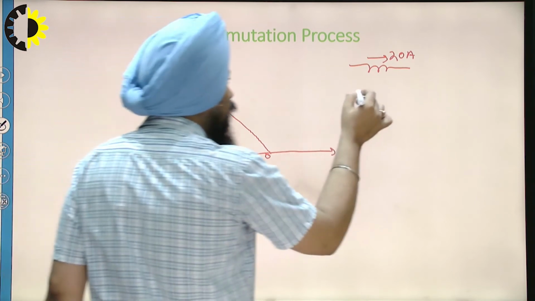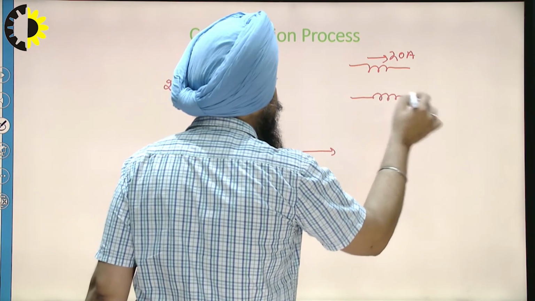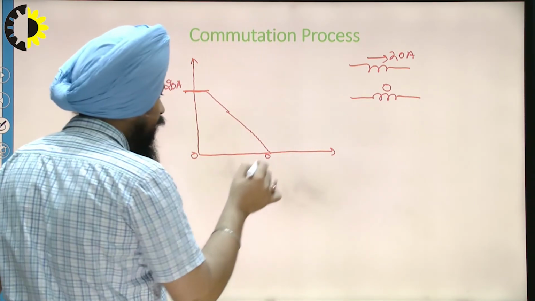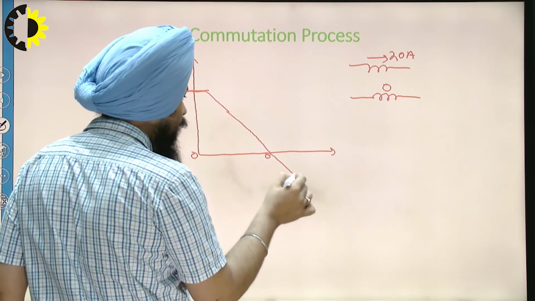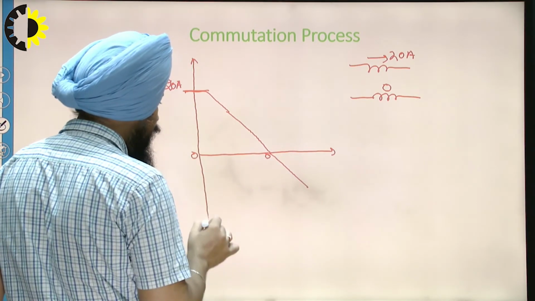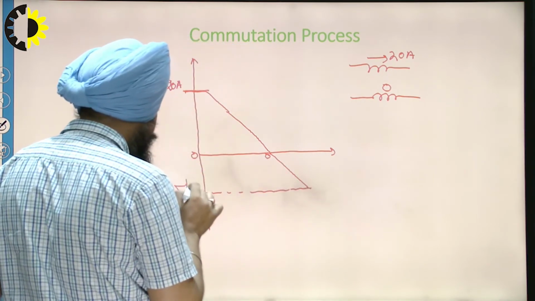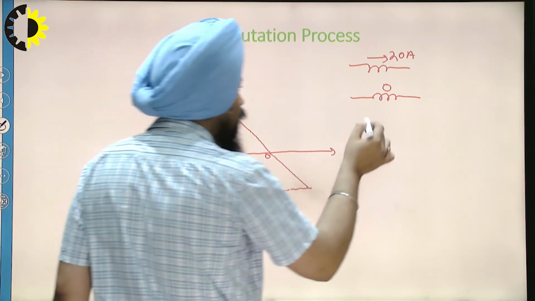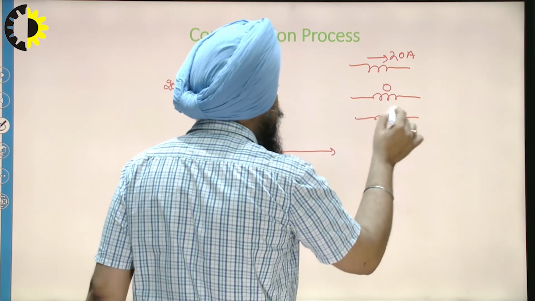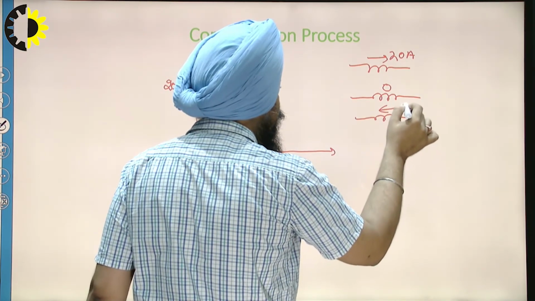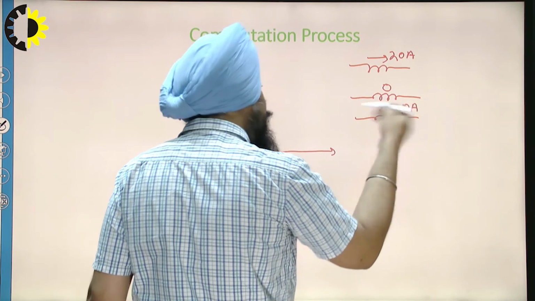Then in this coil C, the current reaches 0, and after that we have considered another case when the current reaches the reverse direction, which we take as minus 10 ampere, or 10 ampere in the reverse direction. In the fourth or fifth case, it comes out to be 10 ampere in the reverse direction.